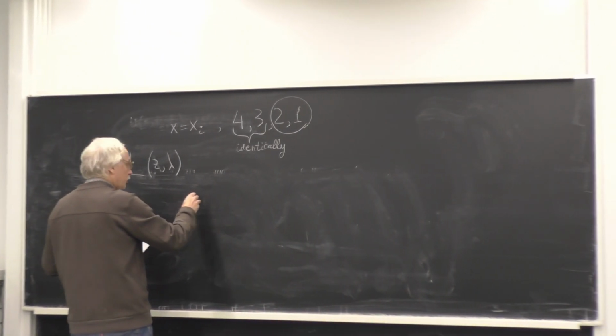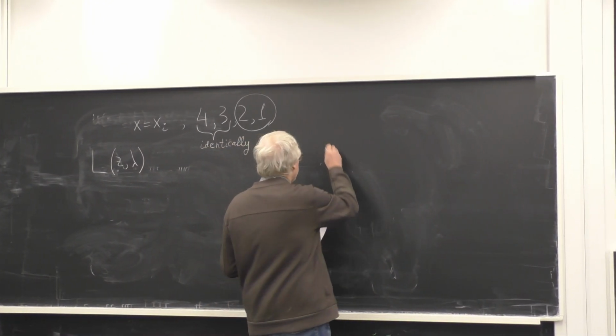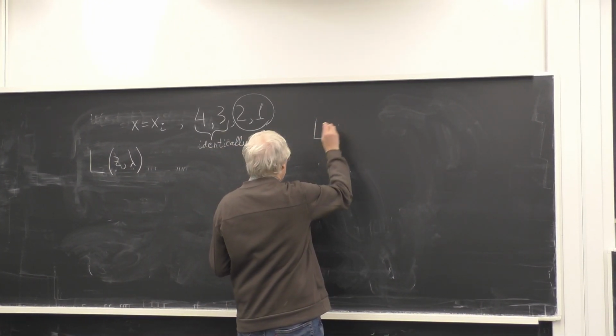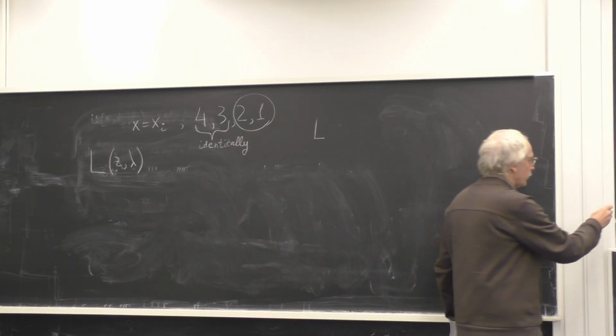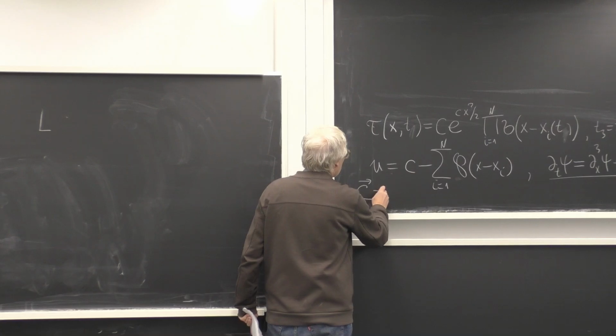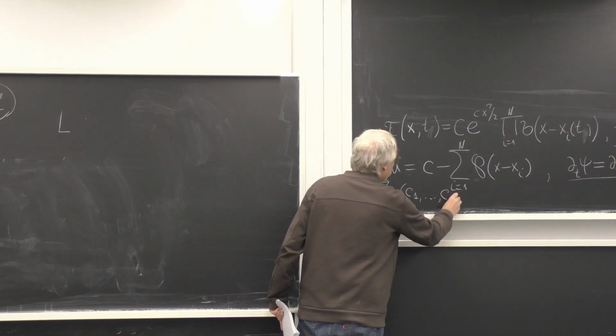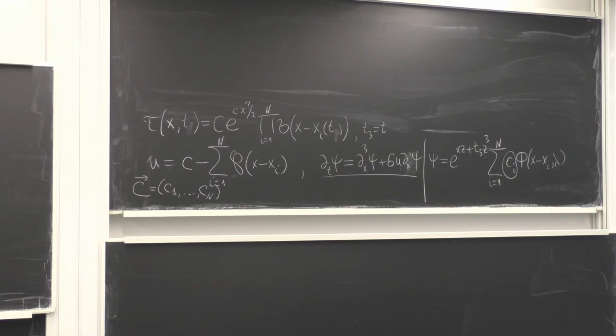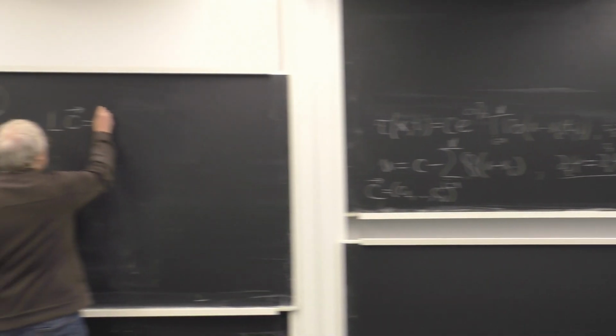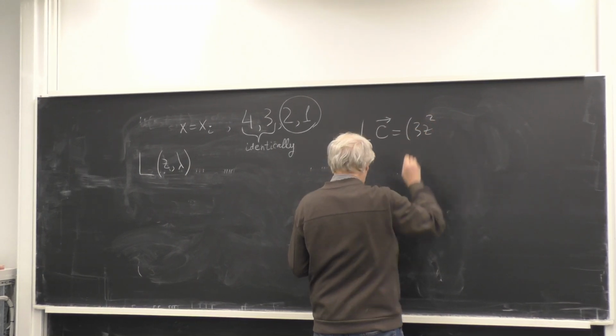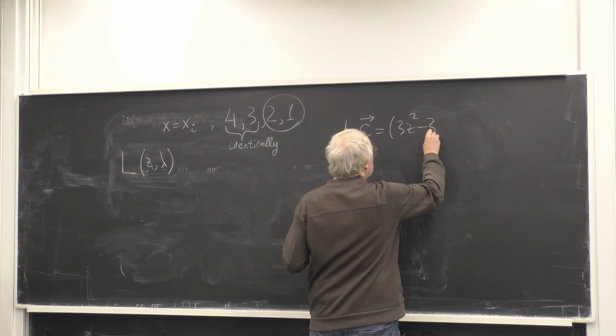And the system is, again, we introduce the vector C with these components. And then the system has the following form.